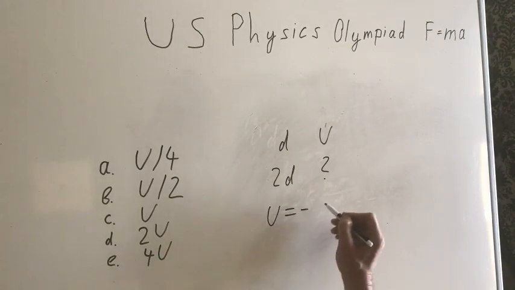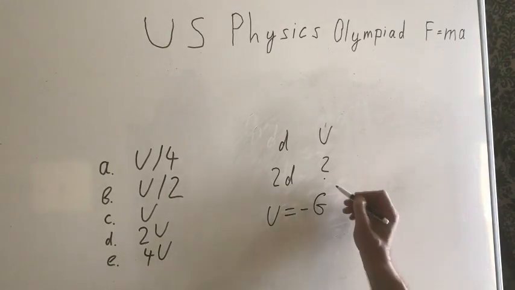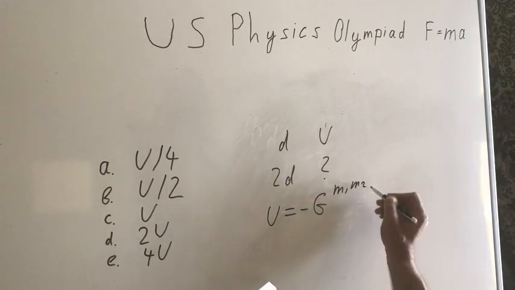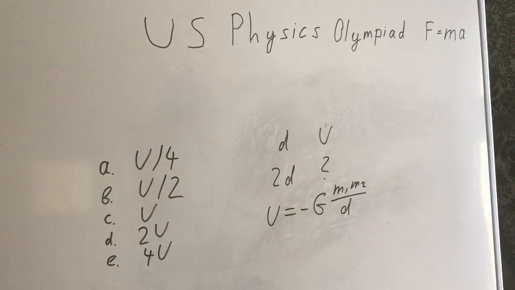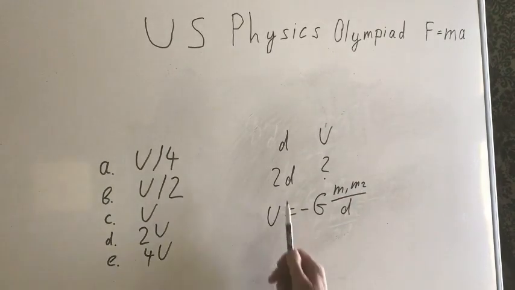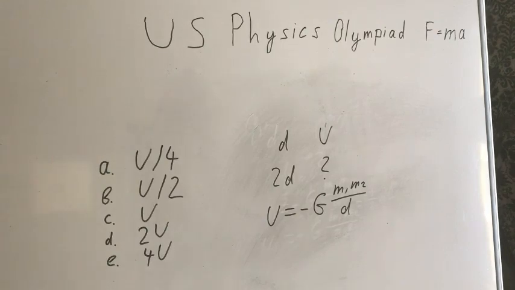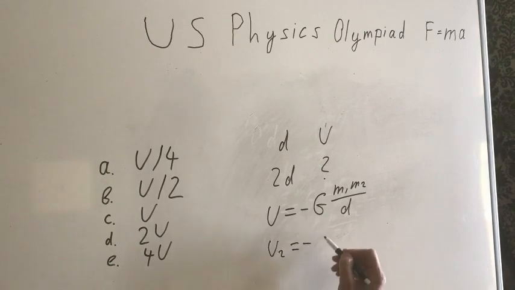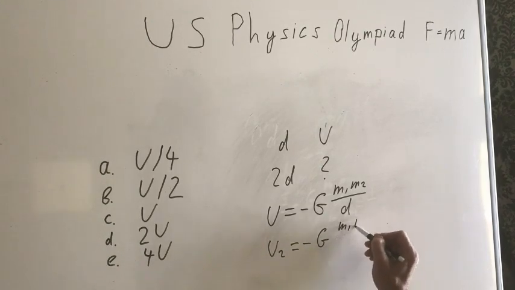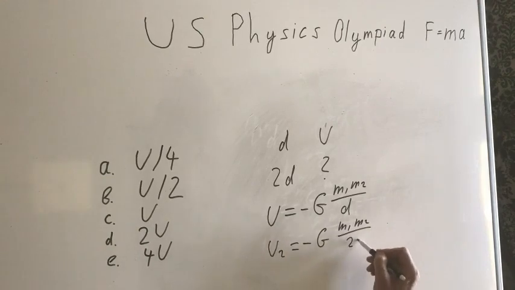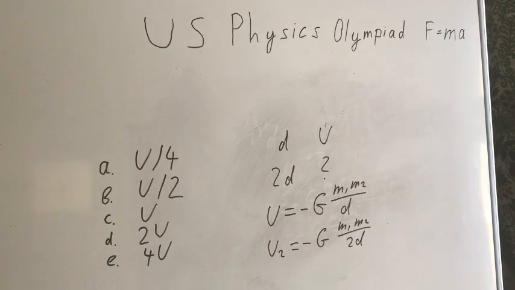That's equal to negative G m1 m2 over d. That's the first case. Second case, we are increasing the distance 2 times, so we have U2 equal to negative G m1 m2 over 2d. And we see that in the second case the potential energy is twice less than in the first case. So the answer is this one.